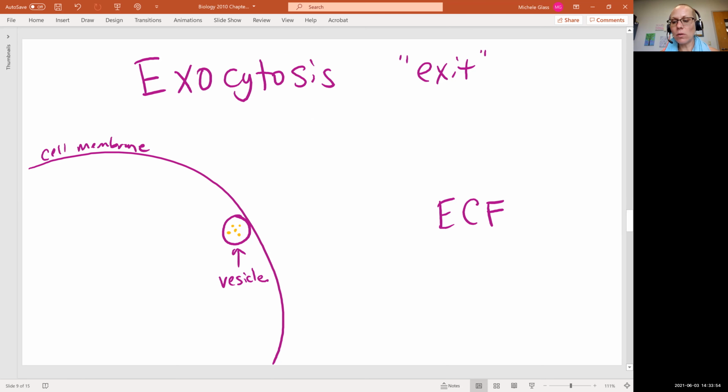And when it does so, it opens up such that the yellow dots, the contents of that vesicle, get emptied into the extracellular fluid. Okay, so we can try that again. So that vesicle packaged with that yellow molecule physically moves to the cell membrane, joins up with the outer cell membrane, and then opens up, and that's releasing the contents into the extracellular fluid.